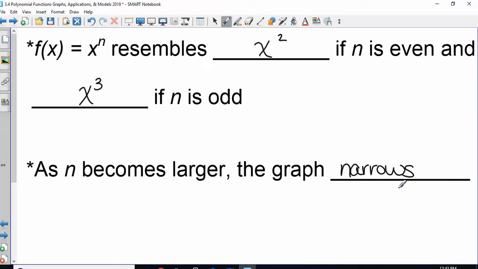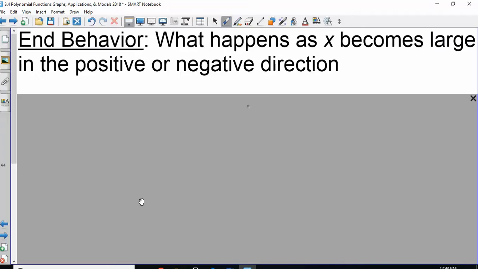So this end behavior slide tells us what is happening as x goes forever in the positive or negative direction. So when we go to draw these graphs, the very first question I'm going to ask you is what's the degree? And then I'm going to say what's the end behavior?